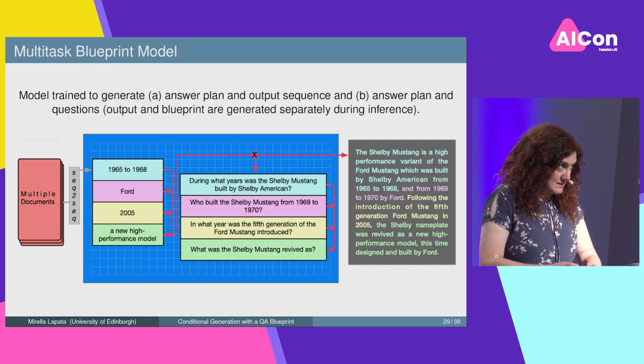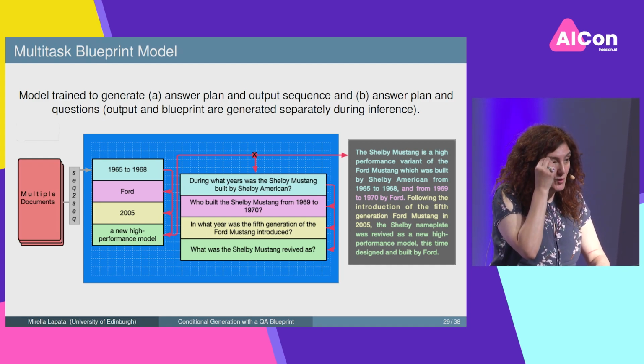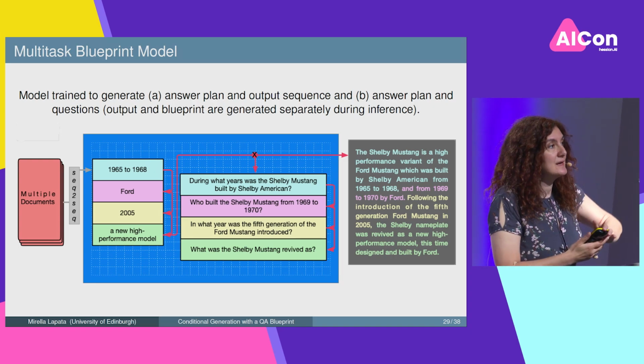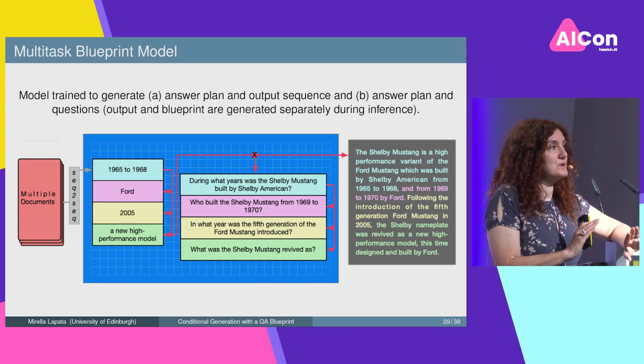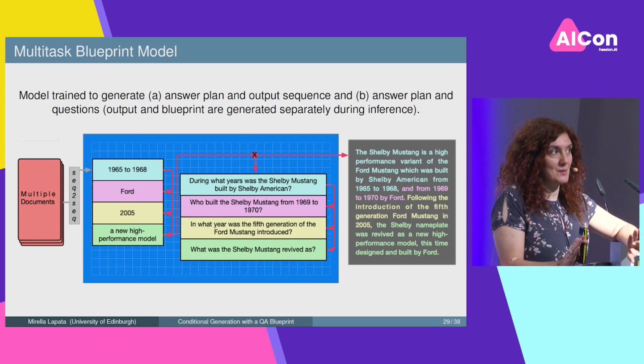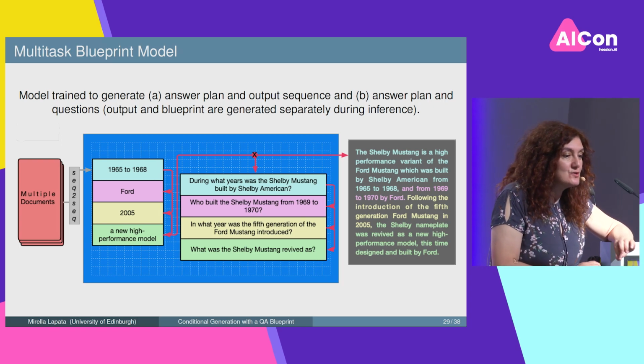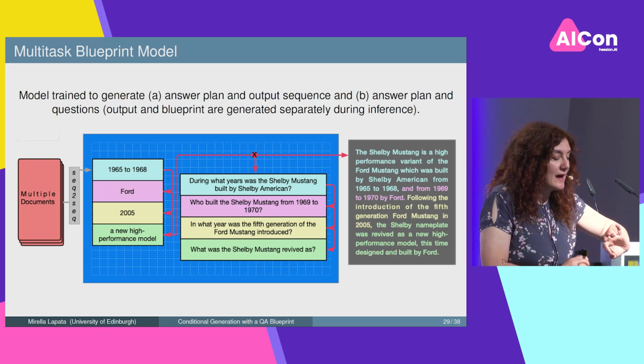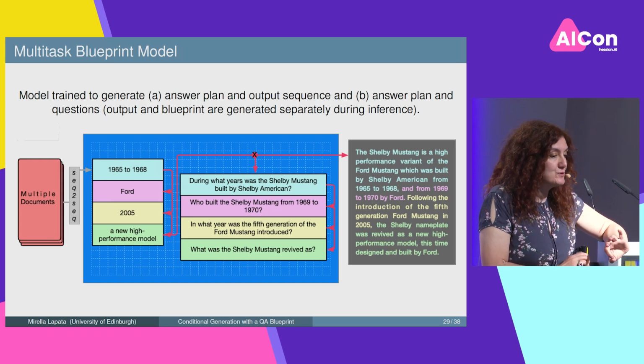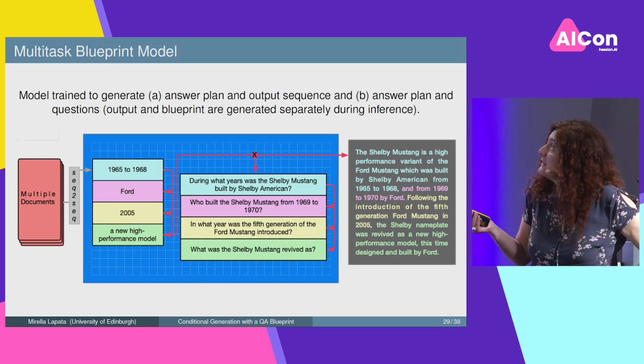The second model is a multitasking model. And this model now disassociates the blueprint prediction from the summary prediction. So it's trained to generate an answer plan and the output sequence. And you see the answer plan here.